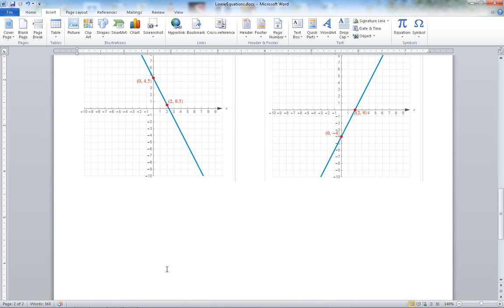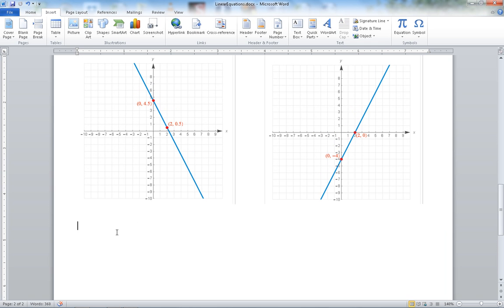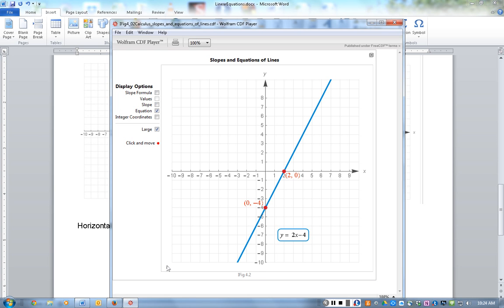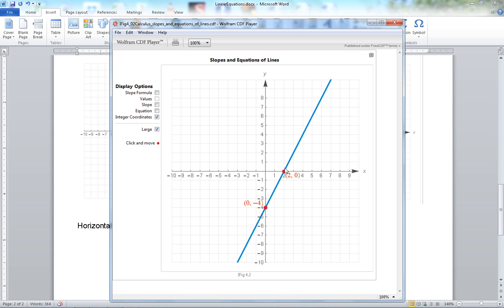Now the last two things to keep in mind are horizontal and vertical lines. A horizontal line is going to have the formula y equals a number, like y equals 4. In that case, the line goes side to side in a graph. So let's look at an example of that. Let's just go to integer values to make it easy.